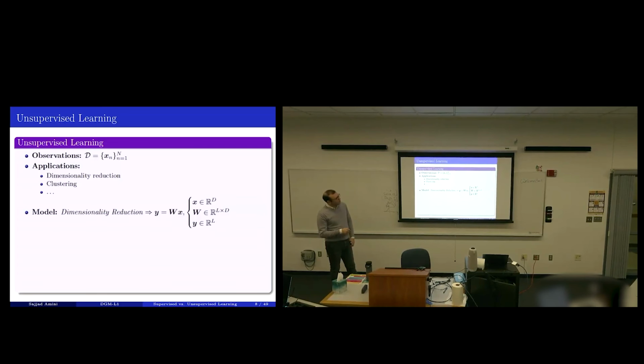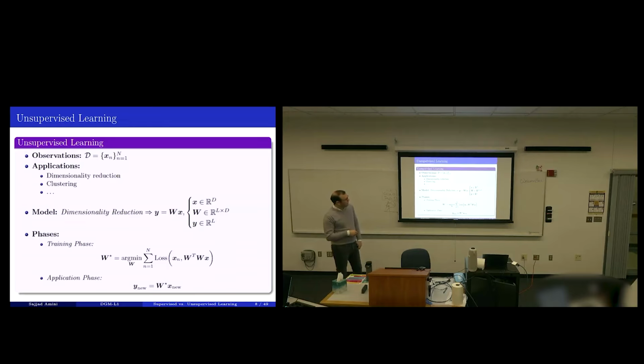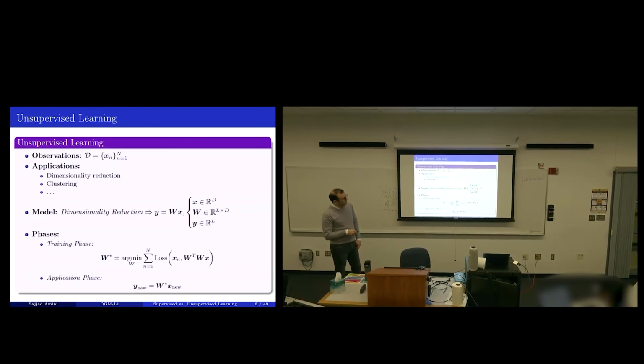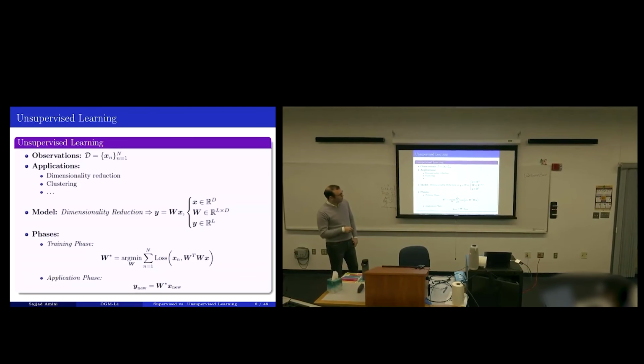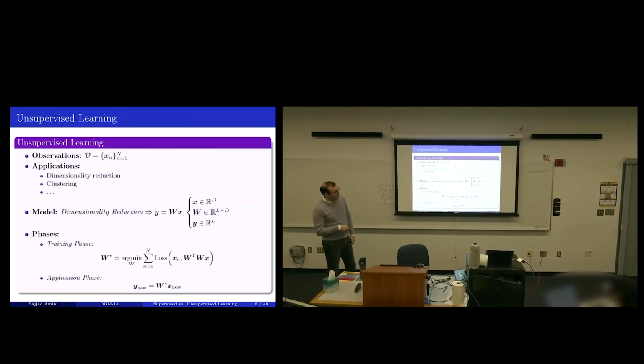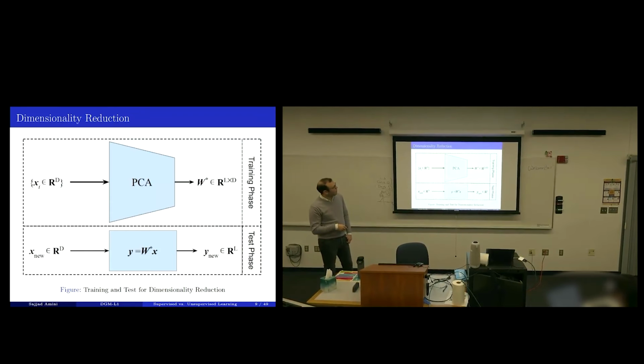For example, in the dimensionality reduction task, you have this type of model. You want to reduce the dimension of X using a matrix W. And then in training, you minimize a loss between this projection of input and the reference input, and finally, when you train it, you use it to reduce the dimension over new random variables.